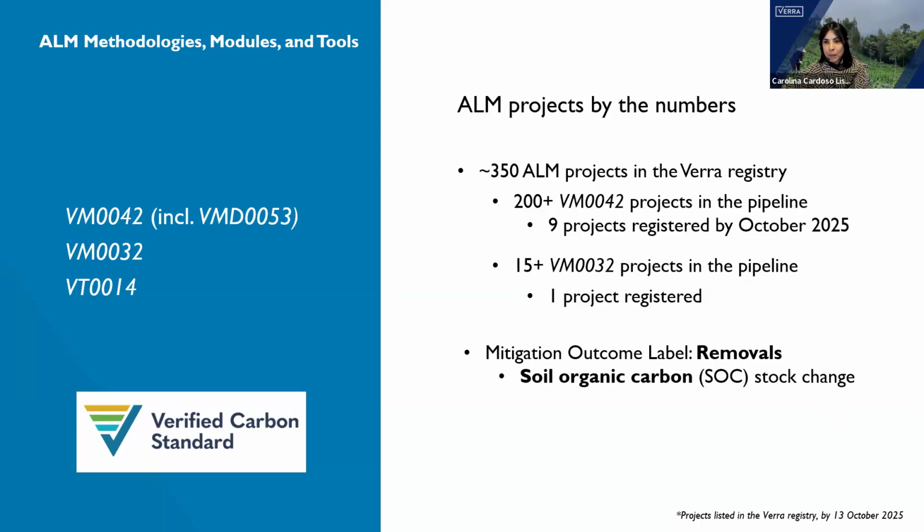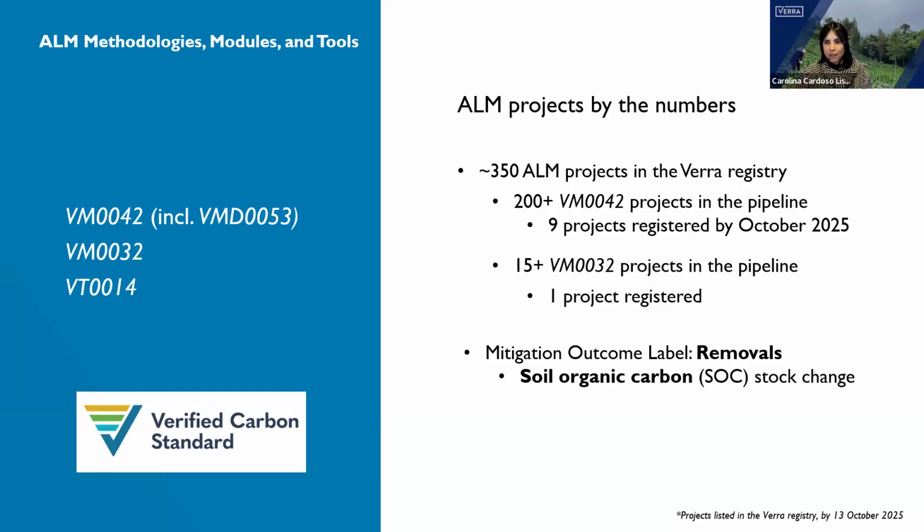It's more than 300 ALM projects in the Verra registry, more than 200 projects listed on the pipeline under VM42, and we already have 9 projects officially registered. And for VM32, we have more than 15 projects listed in the pipeline, and so far there is 1 project registered.